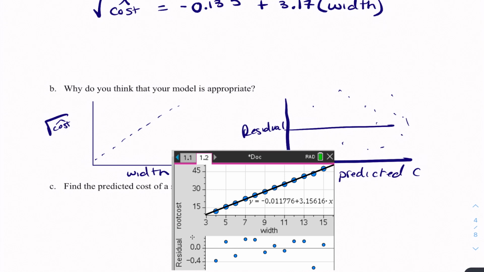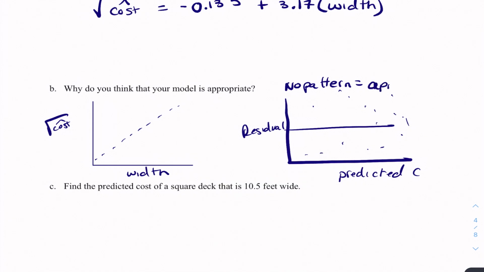There was no pattern to our residual plot, showing us that no pattern equals appropriate model.